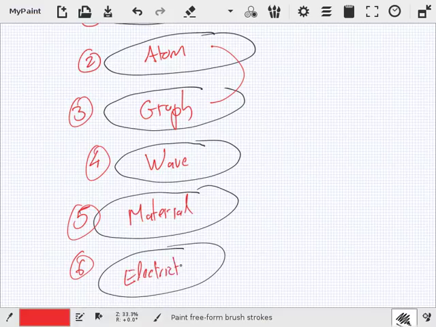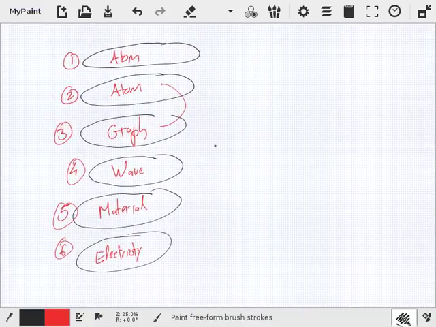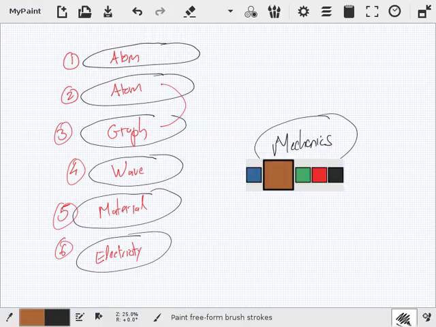What about mechanics? Now, the mechanics is kind of interesting because it really depends on what type of mechanics it is. You can have a simple mechanics, like just a simple UVATS, or even a projectile, or conservation of momentum.